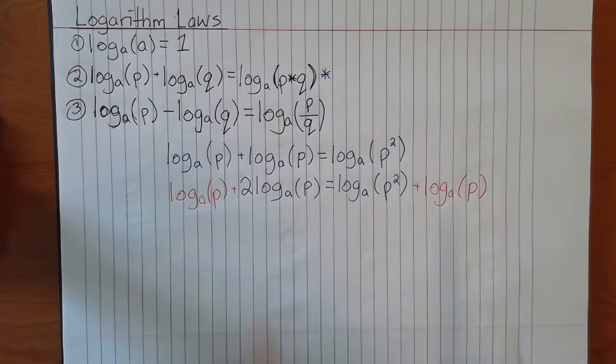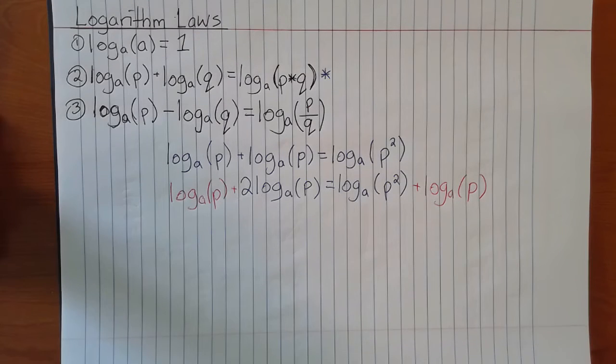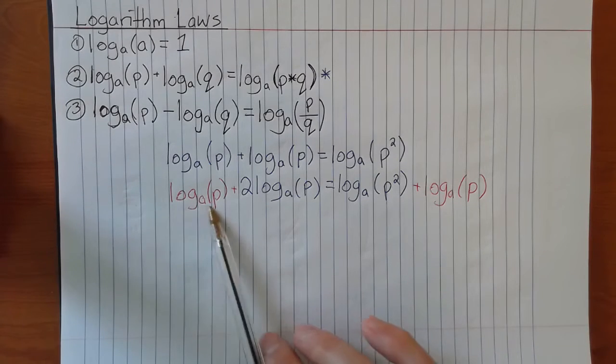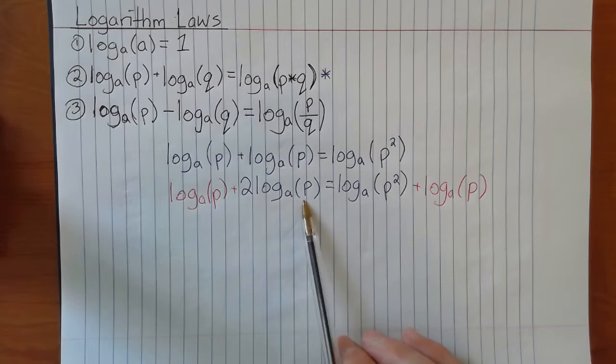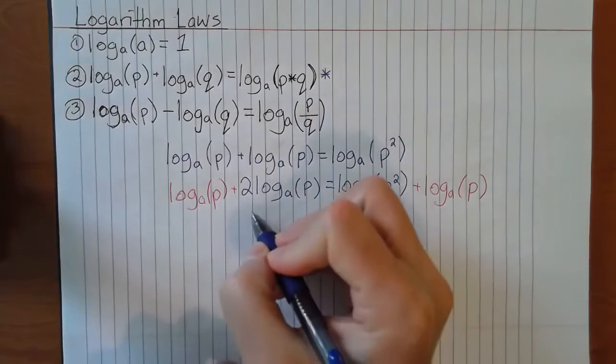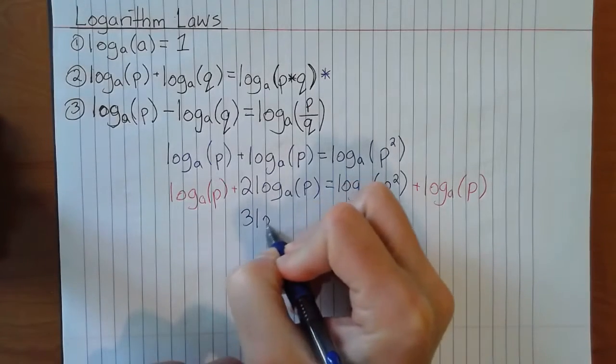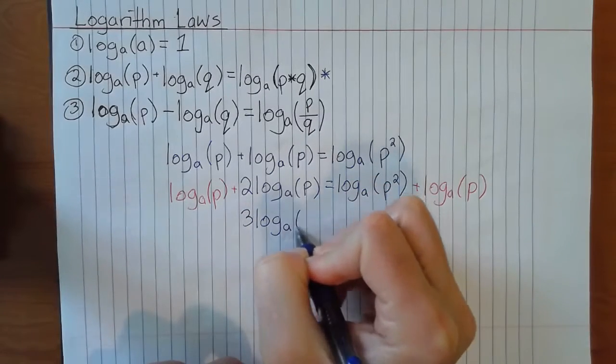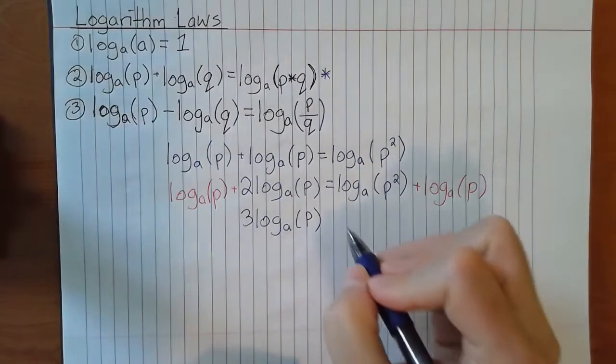And so we still have an equation that's balanced based on what we know about how math works. So looking at the left side, well, now we have 1 log base A of P and then 2 more of them. Well, that just means that we have 3 of them total. 3 log base A of P.